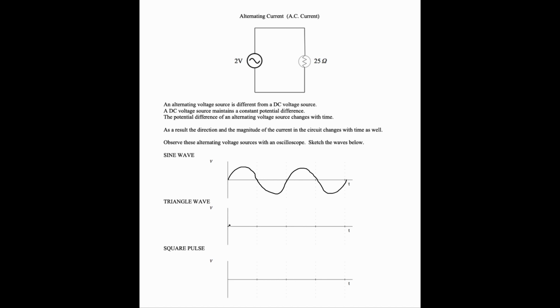The triangle wave looks like this. And a square pulse simply maintains a voltage in one direction, then it will switch to the opposite direction, and it keeps switching back and forth.